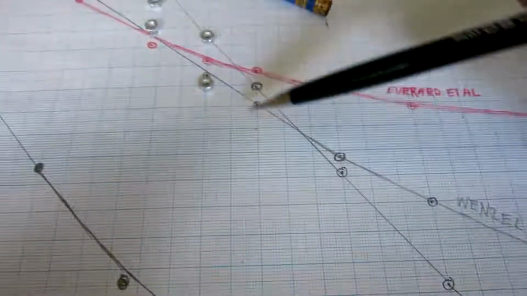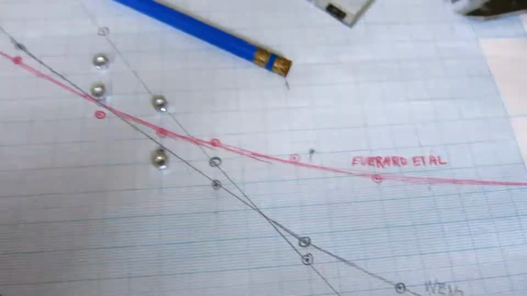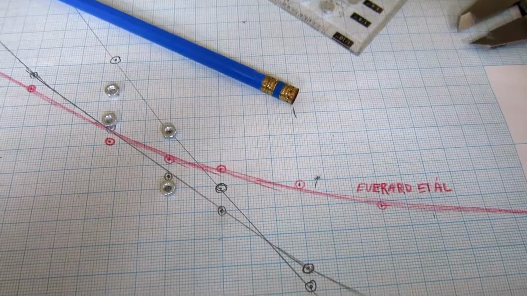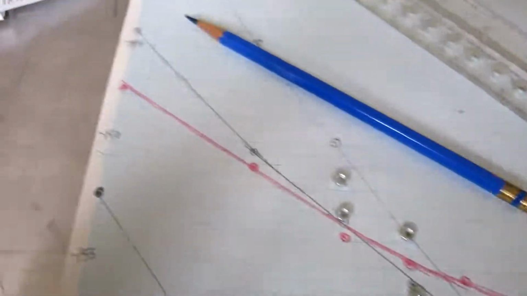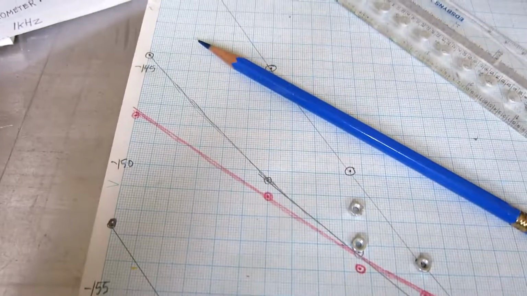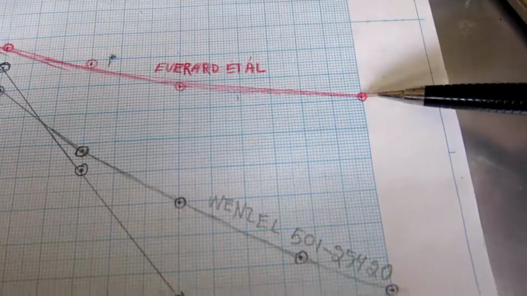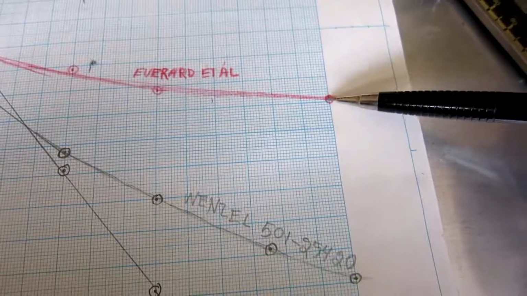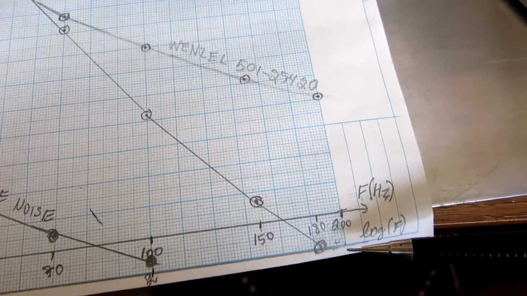This curve is the Wenzel oscillator I'm using now, and the red is from a paper where they published a very good oscillator last year. And you can see the performance at a wide separation. That paper is not so good, the Wenzel is good, but my oscillator is much better.